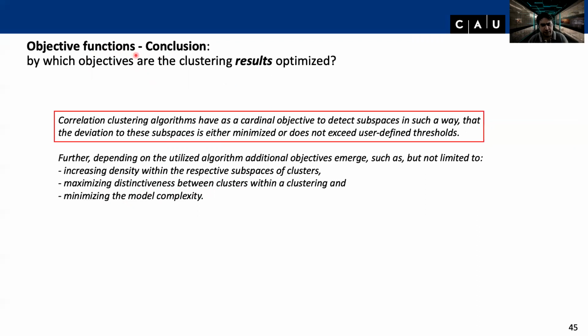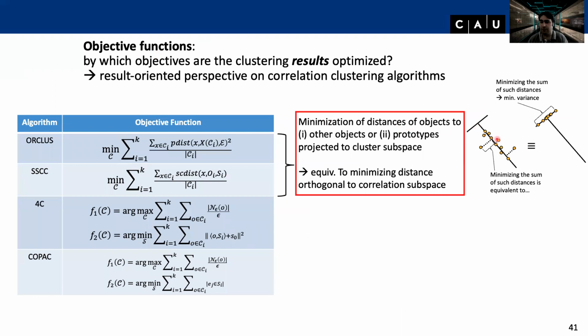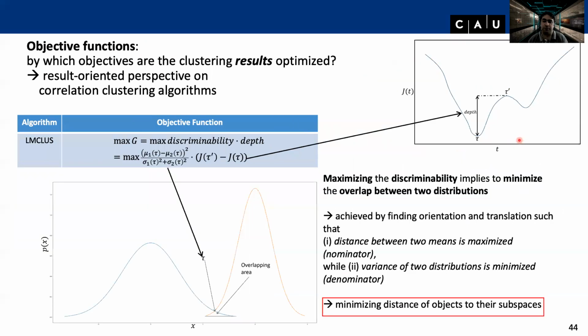So we can say, as a conclusion, correlation clustering has as a goal to find clusters in such a way that the deviation of objects to the respective subspaces is minimized, or that the density in the orthogonal cluster subspace is maximized. Those two are equivalent, as we've seen in the previous slide. With previous slide, I mean this one here. So by minimizing the deviation here, it also implies that we maximize the density in this direction.